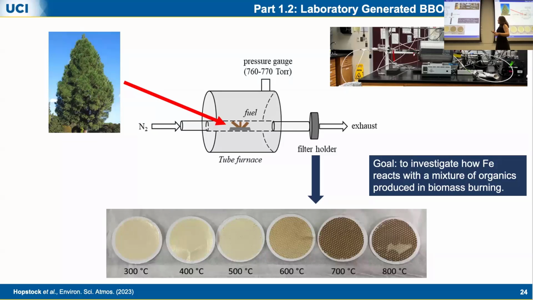I put them inside of our tube furnace under a flow of nitrogen. I pyrolyzed them and I collected the particles on a Teflon filter. That's what I'm showing in this picture. These are actual photographs of my filters between 300 and 800 degrees. Our goal was to see how iron can react with this complex mixture that's produced in a more realistic fire scenario.